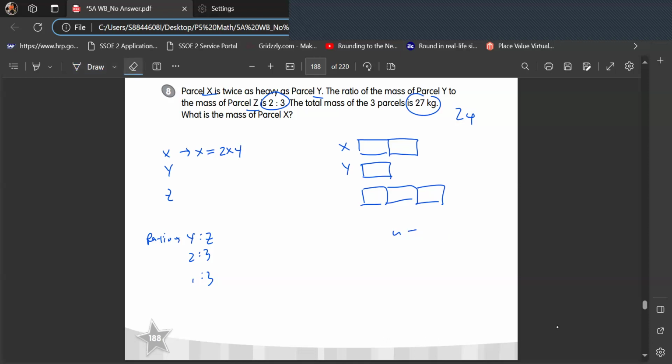If the older question is like this, the older question is more difficult. Can you see why? If it's the older question, it's actually more difficult, because z is supposed to be 3 units and y is supposed to be 2 units.